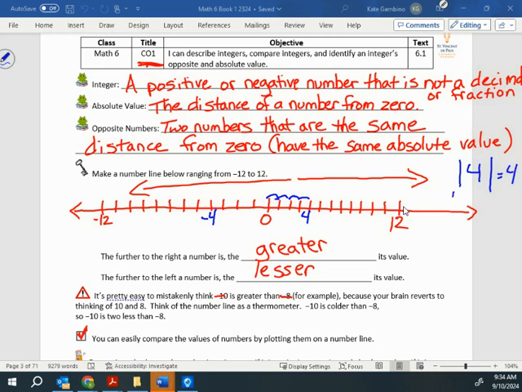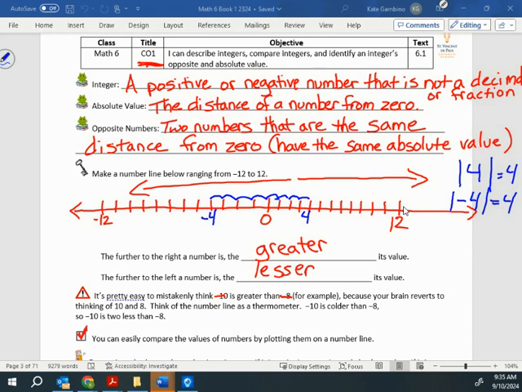What if we want to know the absolute value of -4? What's the absolute value of -4? James? 4? Let's count it. How many away from 0 are we? 1, 2, 3, 4. So the absolute value of -4 is going to be just 4.